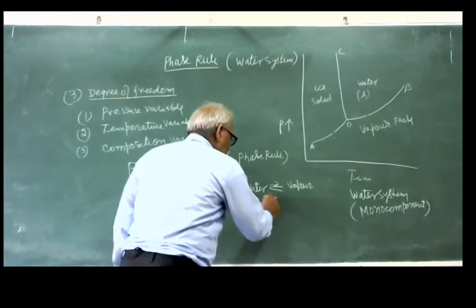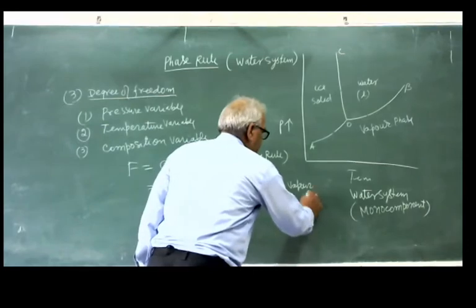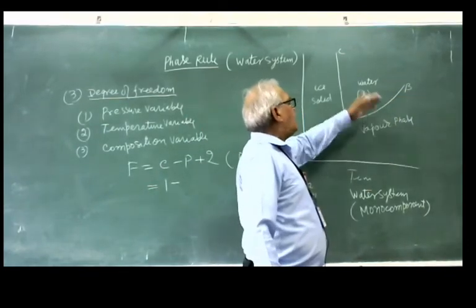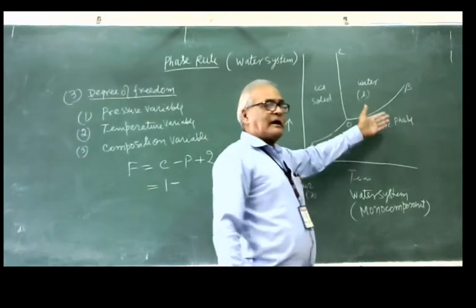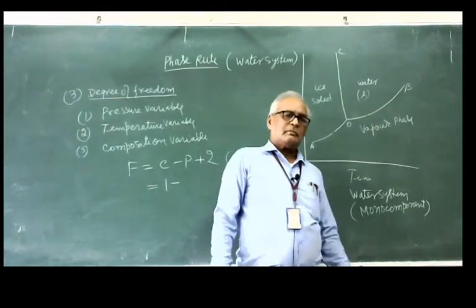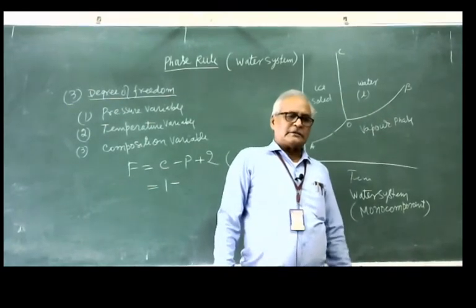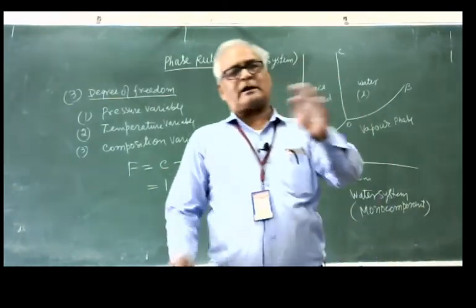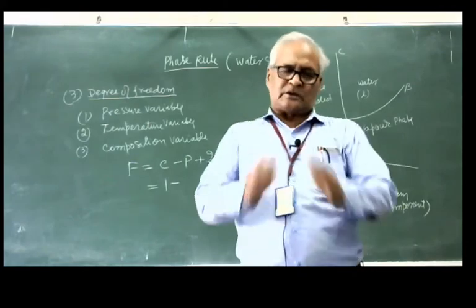This is the liquid and this is the gas. So the OB line indicates the equilibrium between water and vapor. There are so many temperatures and pressures at which water and vapor can coexist.